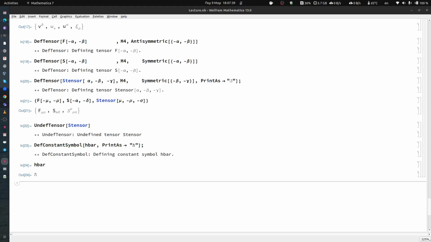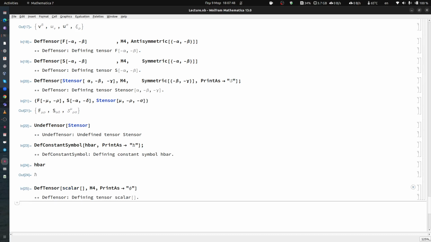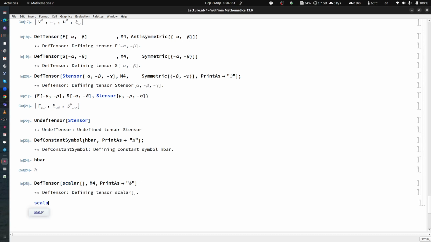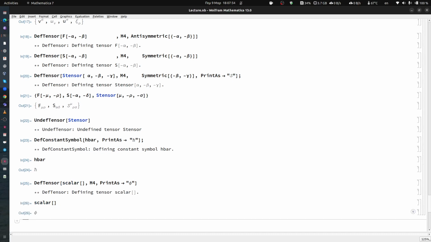We can also define scalar functions. And these are functions on the manifold, and they have no indices. Okay, so we have seen how to define tensors of any rank and how to put them in expressions.